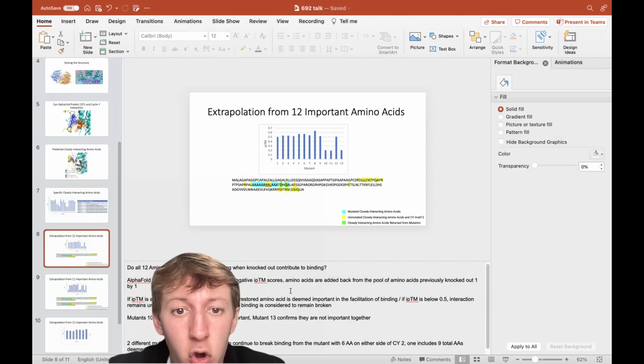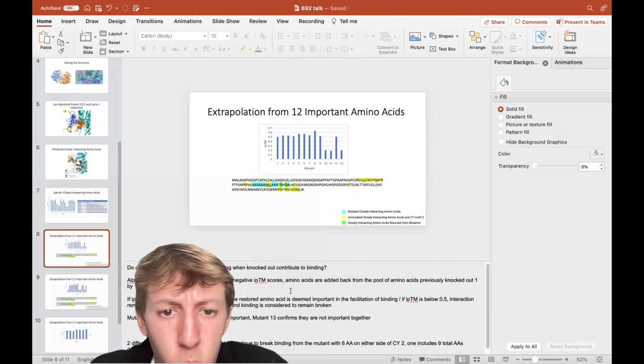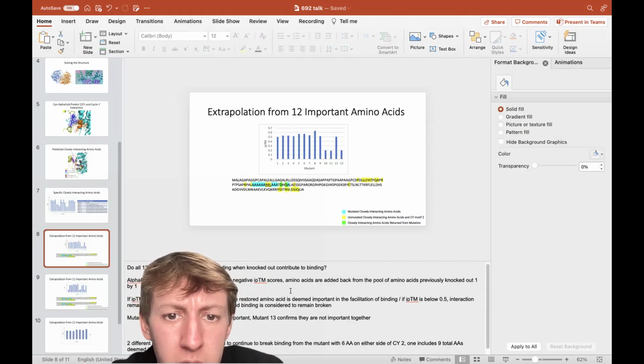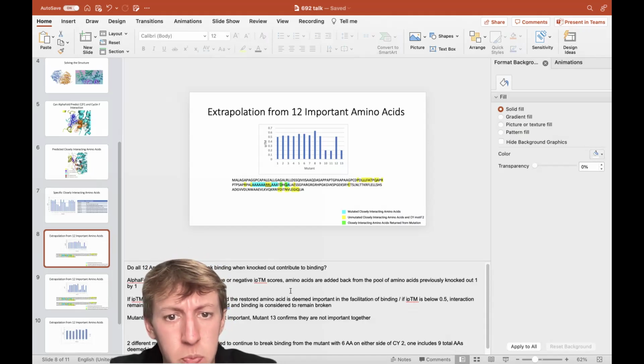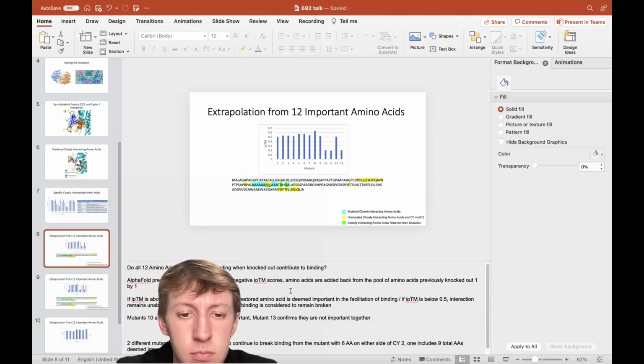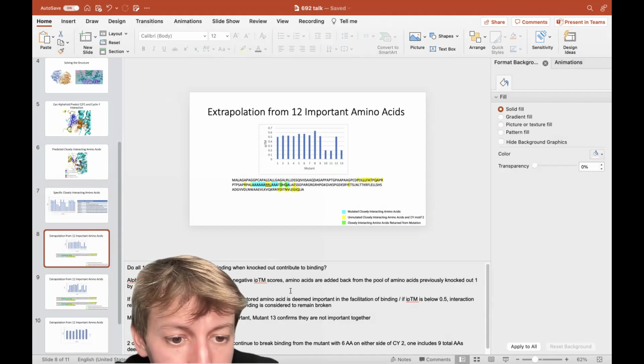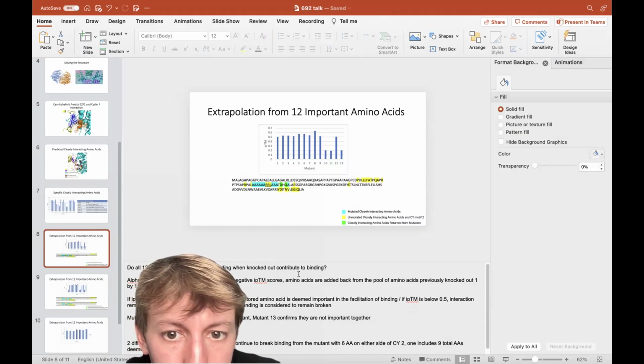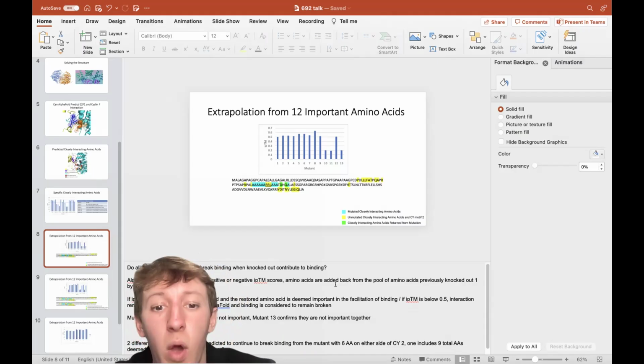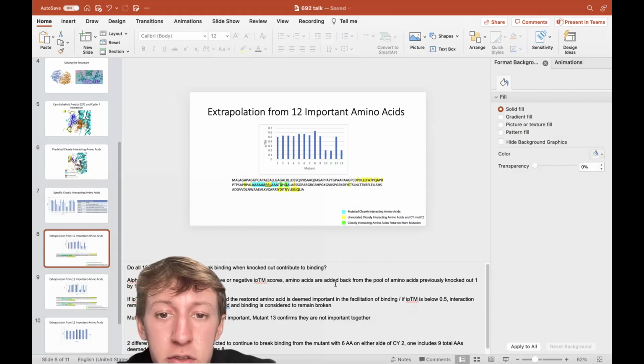These already mutated amino acids were returned one by one, and the trial was run again. Mutant 1 corresponds to returning the amino acid closest to the N terminus, and mutant 12 corresponds to returning the amino acid closer to the C terminus.